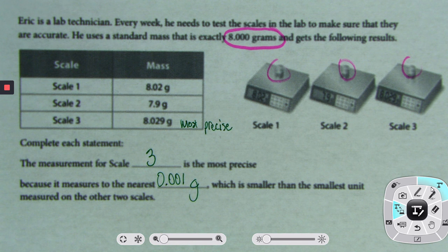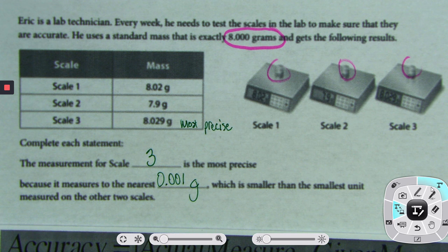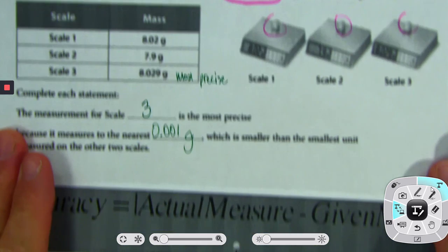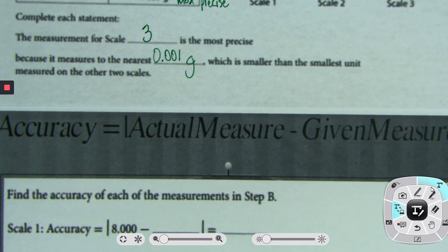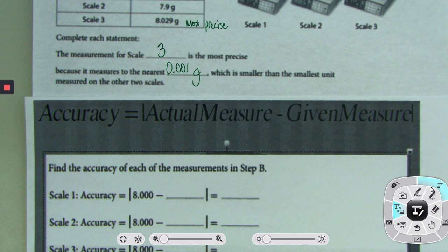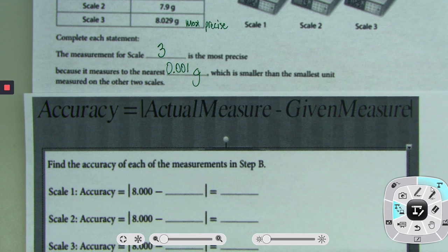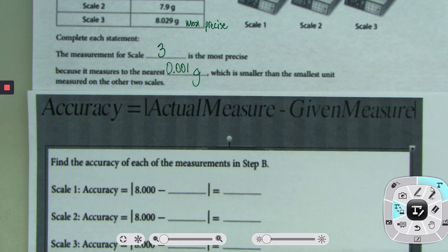But we really want to talk about what is the most accurate. Well, in order to figure out accuracy, we're going to take the actual measure. Now, we know that this weight was 8.000 grams, exactly 8 grams.